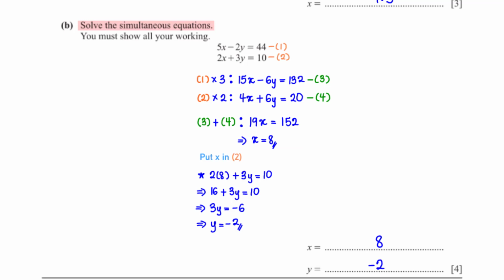If we pick equation 2, we have 2 times 8 plus 3y = 10. 2 times 8 is 16. When we subtract 16 from both sides, we get 3y = -6. And when we divide both sides by 3, we get y = -2.